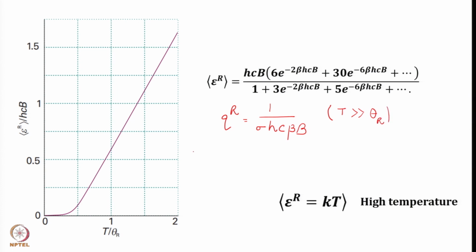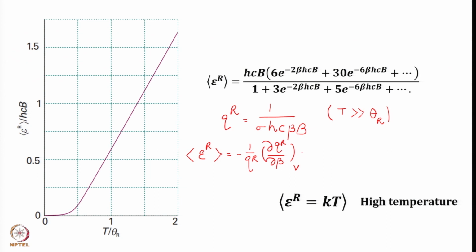Under those conditions, your mean rotational energy will be minus 1 upon q r, delta q r by delta beta at constant volume. What will it be?